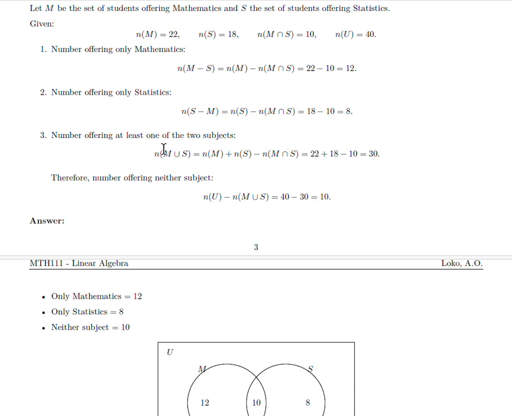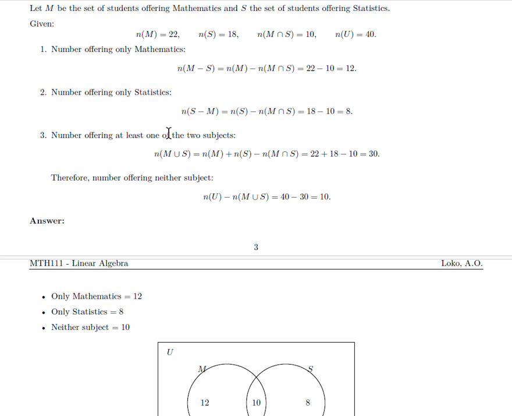And then the number offering at least one of the two subjects. If you are offering two subjects, take note, it means you are offering at least one of the two subjects. So we need the number of students offering one, and the number of students offering two as well.